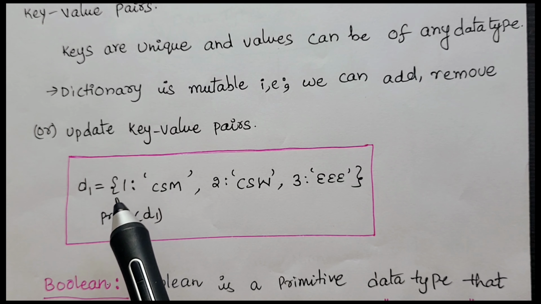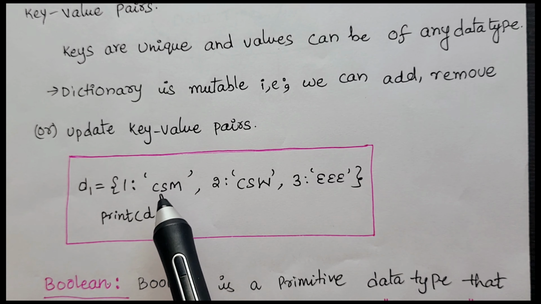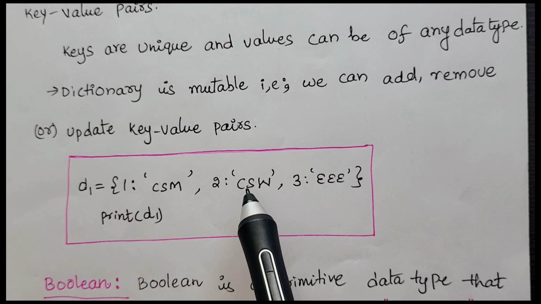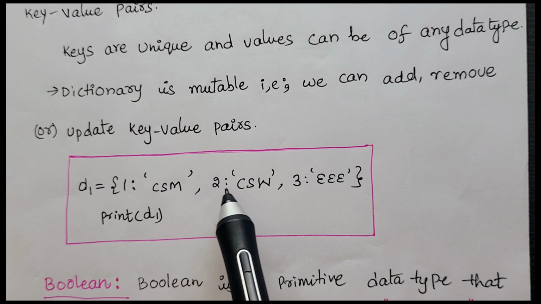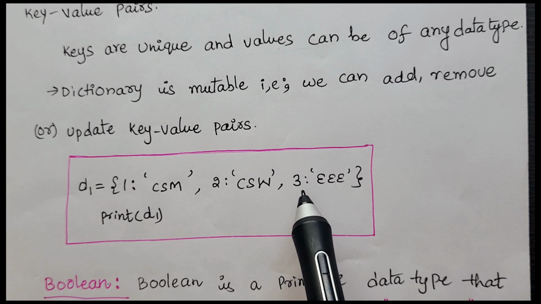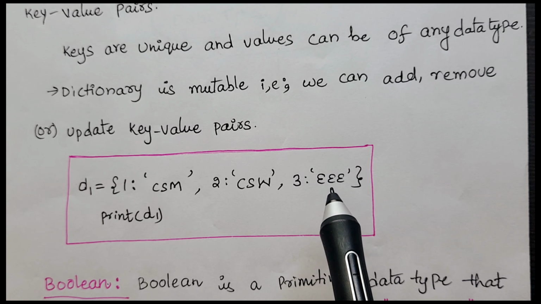So 1 is called a key, and CSM is the value pair. 2 is the key, CSW is the pair, 3 is the key, triple E is the pair.